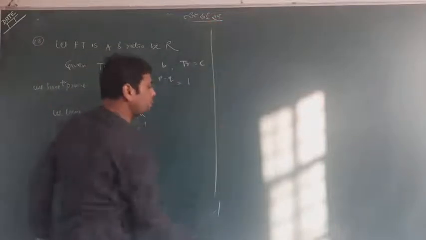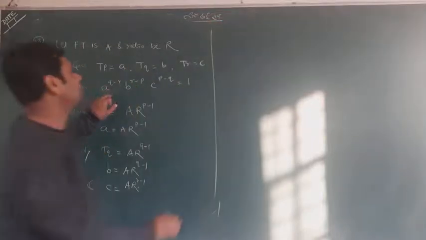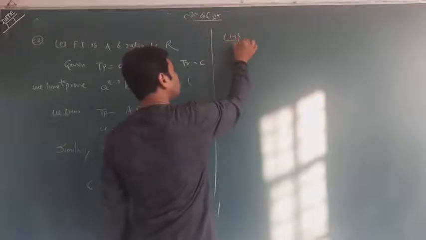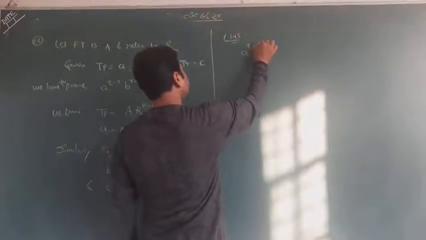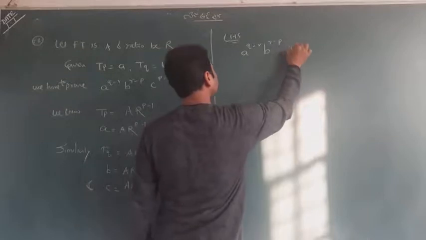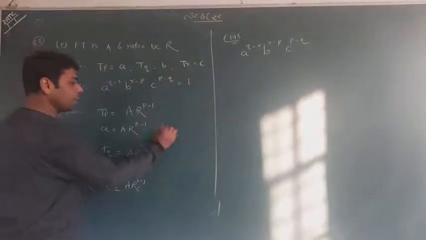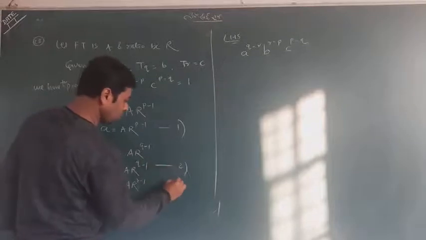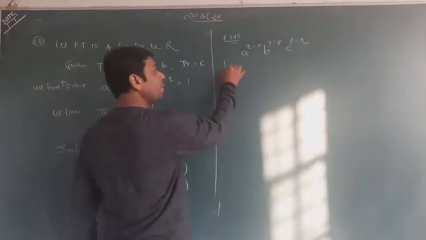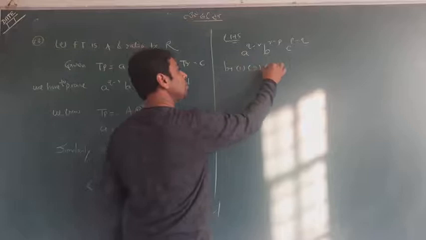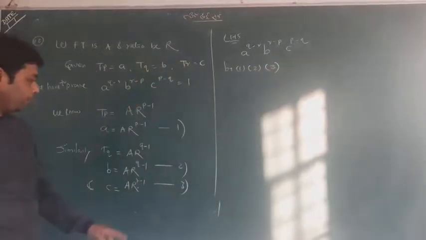Now, whatever we want to show, I'll take the left hand side. What is the left hand side? a to the power q minus r, b to the power r minus p, c to the power p minus q. And guys, put in the values of a, b, c. Call them 1, 2, 3. By 1, 2, 3, we will put the values.